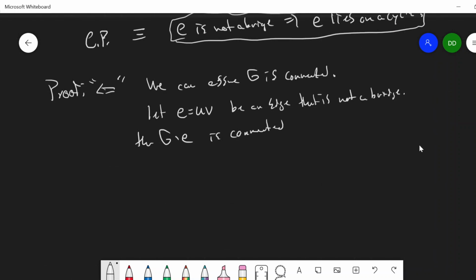So what does the situation look like? I have this edge between U and V. It's not a bridge, so when I remove it, U and V are still connected. By definition of connected, there exists a UV path.